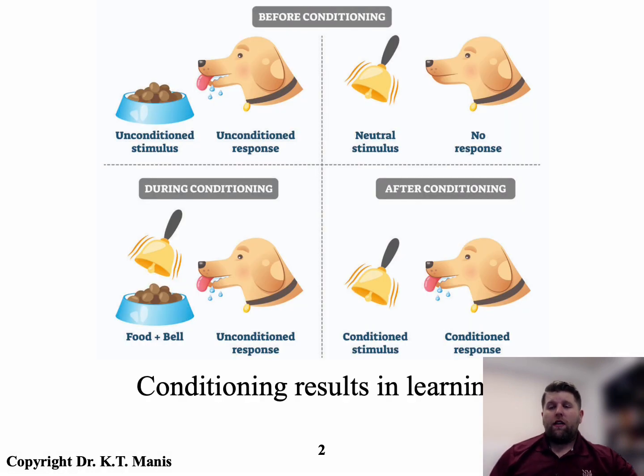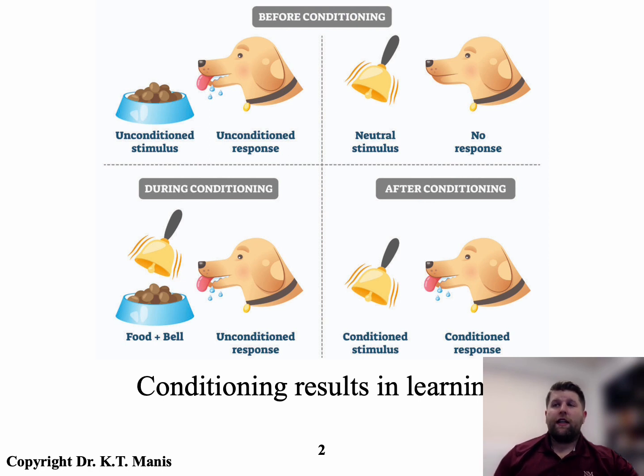One of the key concepts of learning is conditioning. And conditioning is one of those concepts that's been established for a long time. Pavlov, a Russian experimenter, really came up with the notion of conditioning by conducting experiments with his dog.